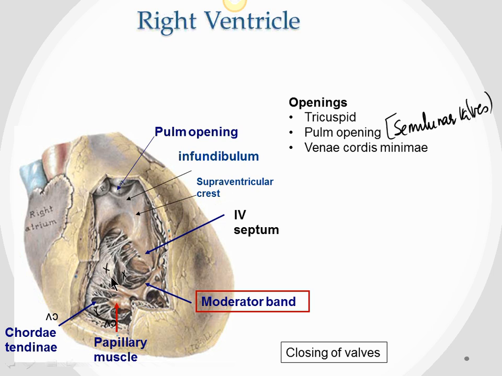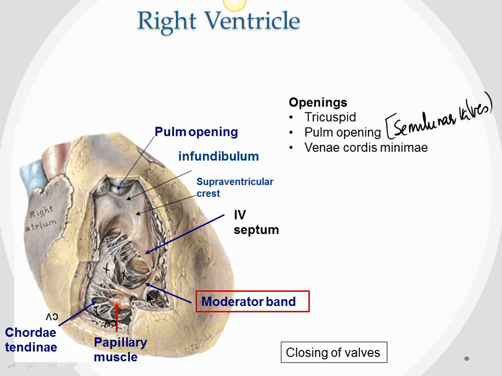If this opening was wide open, what would happen? Blood would go into the pulmonary artery, but it could also backtrack into the atria, right? You don't want that to happen. You want one-way flow, so you want the atrioventricular openings to be closed off when the ventricles contract.